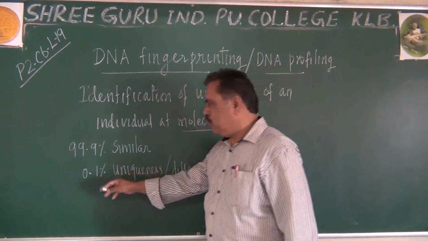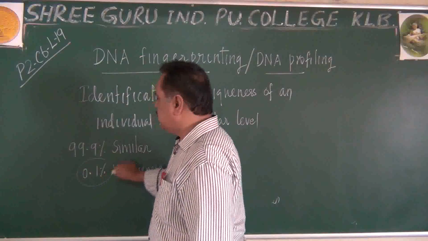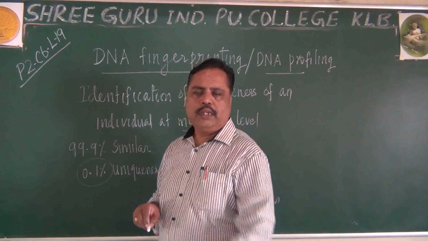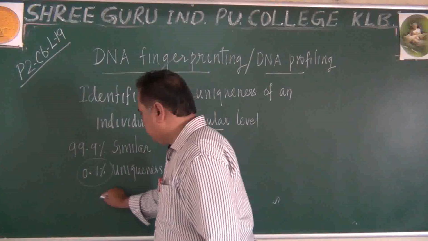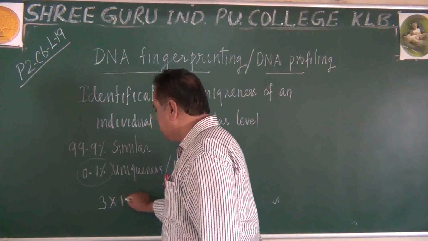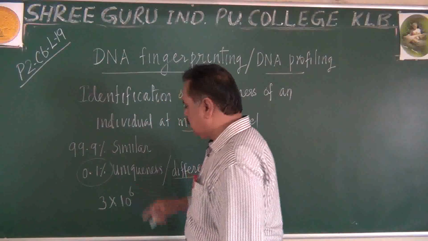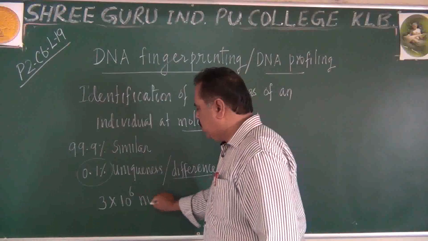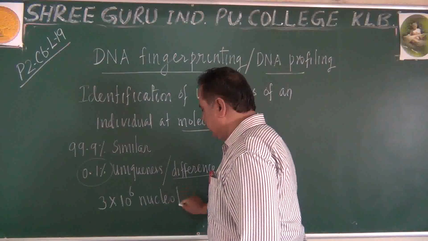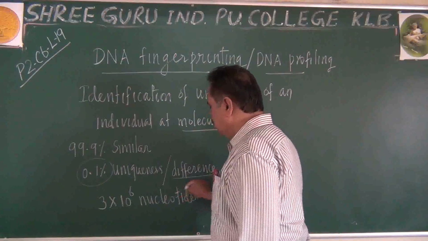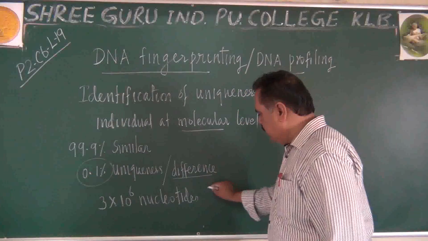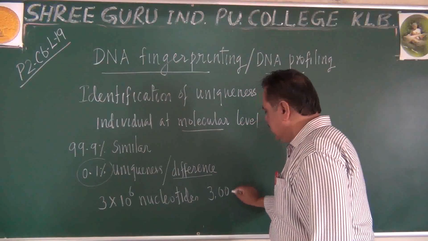You see, already I told you, even though it is 0.1%, it is not a negligible number. It includes 3 into 10 to the power 6 number of nucleotides.